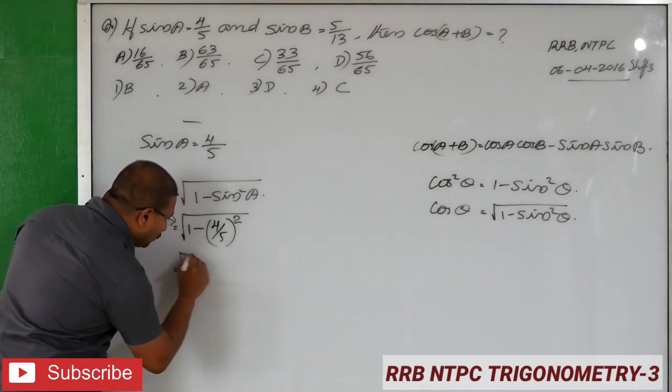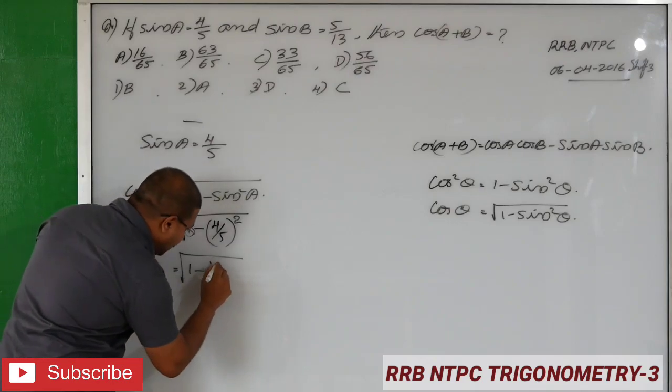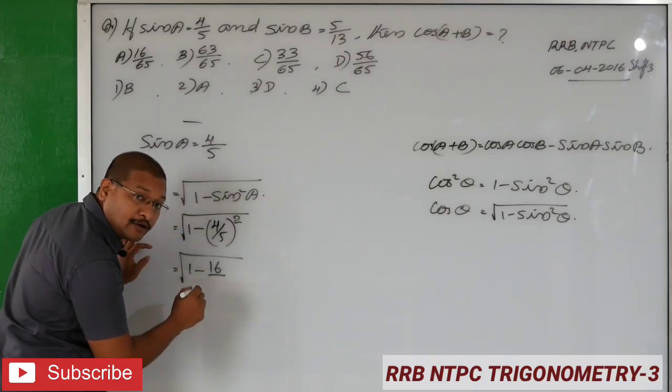So sin² A means (4/5) squared, which equals root of 1 minus 16/25, since 4 4s are 16 and 5 5s are 25.